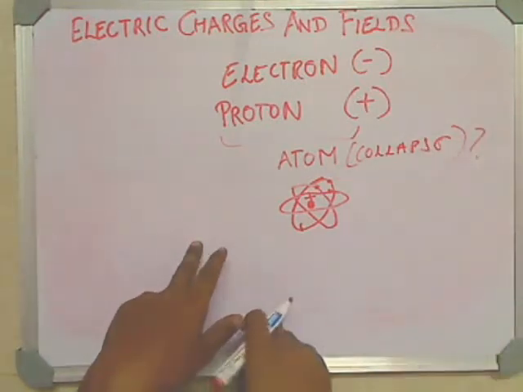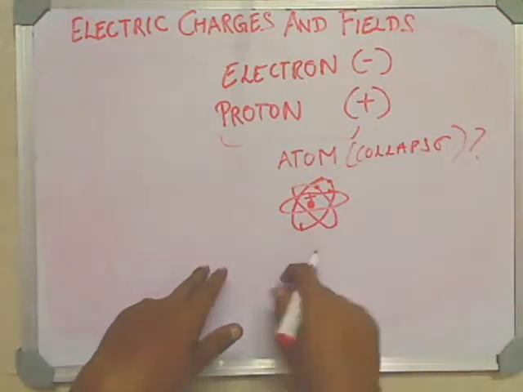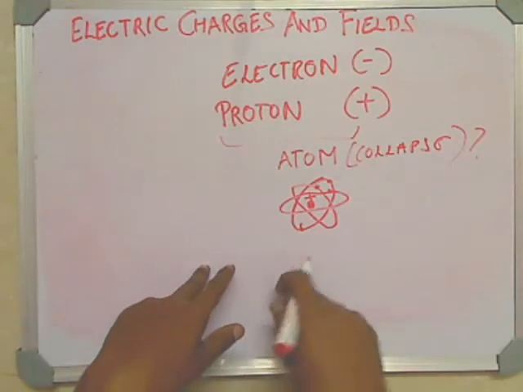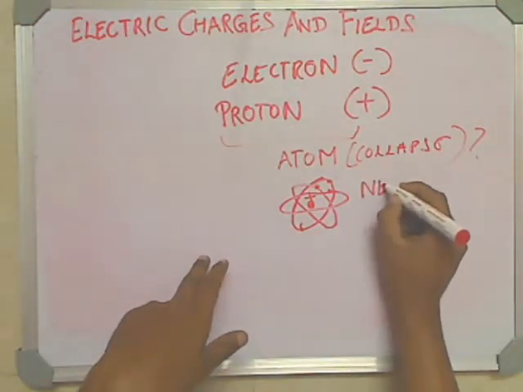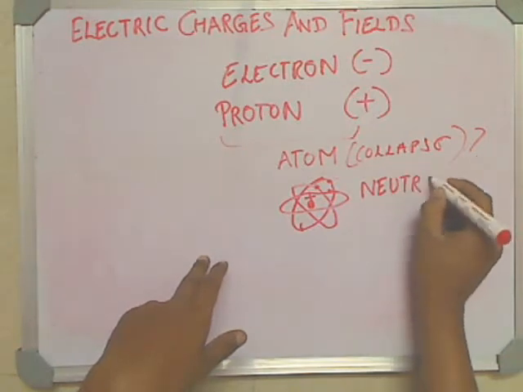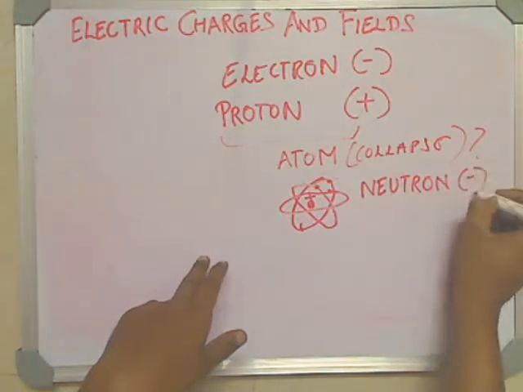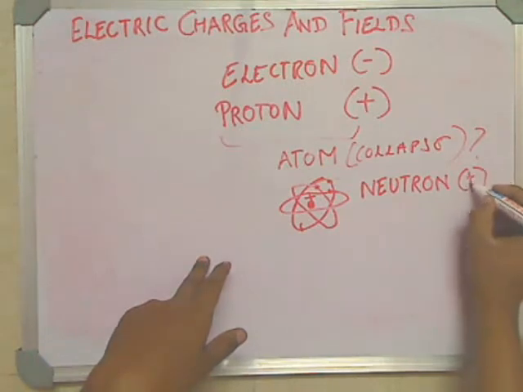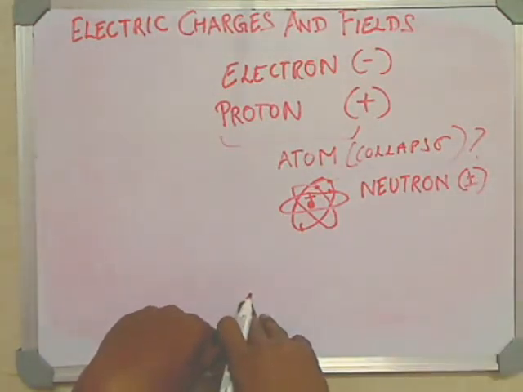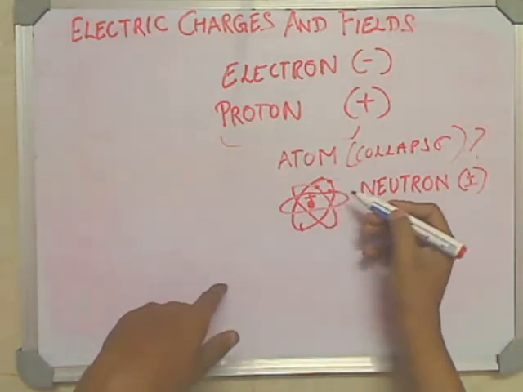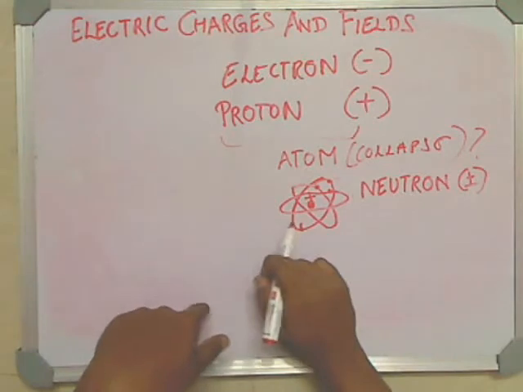Why doesn't this happen? We came across another discovery that in order to avoid the whole system from collapsing, you have another subatomic particle, which is the neutron. This has no charge whatsoever, and because it has no charge, it's able to bring balance to the atom.